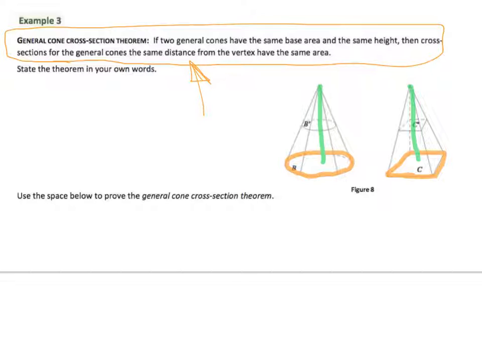Ooh, purple. So we just did, if two general cones have the same base area and the same height, then cross sections for the general cones, the same distance from the vertex, have the same area. It makes sense, okay? But we're not going to go through the proof for it, and that's okay.